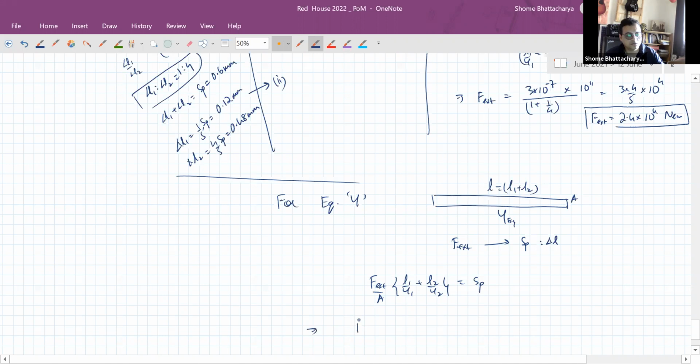So we can say that now the same amount of force, the same area of cross section divided by L, into L divided by some equivalent Young's modulus should give us delta L, which is equal to this. This is L1 plus L2.